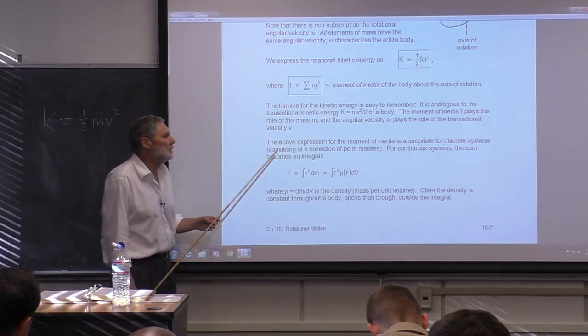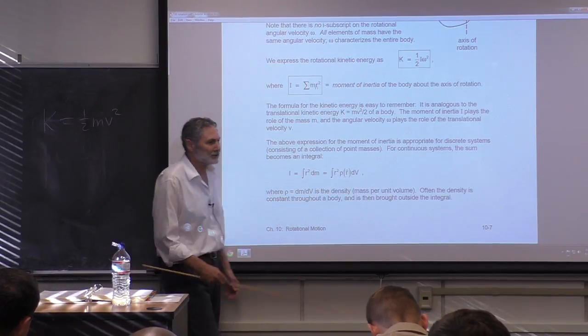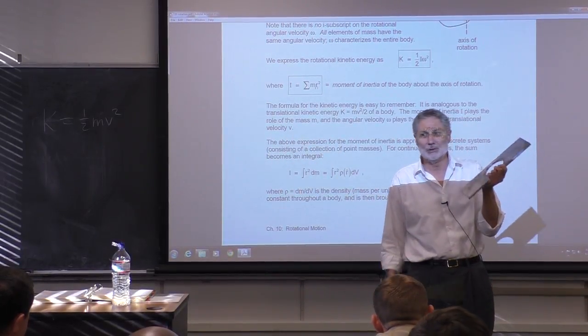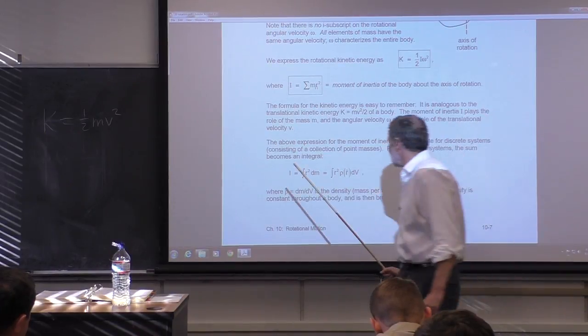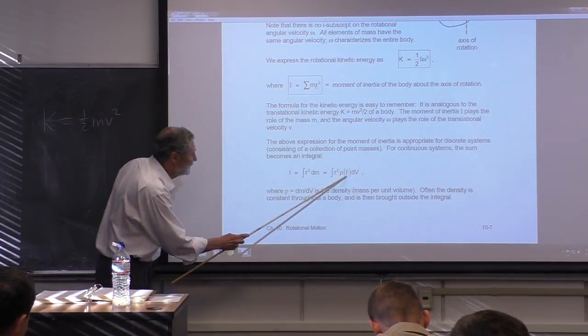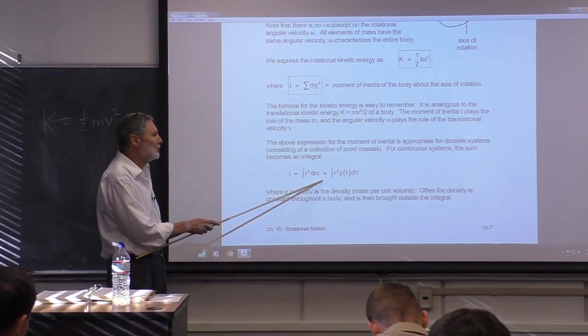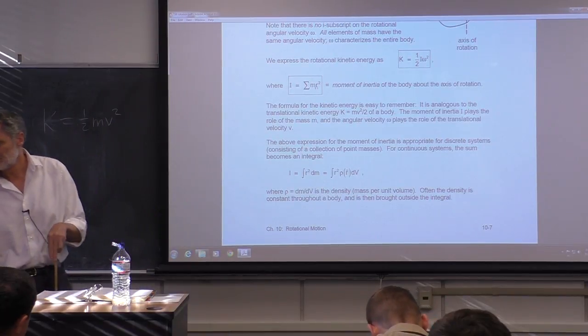Now, in this class, I think all of our densities are going to be constant. Like here, for example, right? Density of aluminum. So once we realize that it's a constant, it can come outside the integral. And then we have to integrate r squared over a little bit of volume elements.